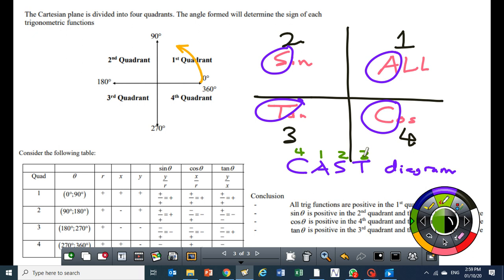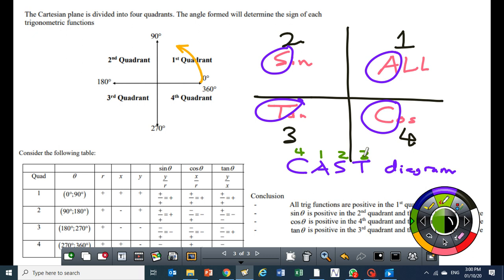Everybody pay attention. What's in this table here is based on what I just told you in terms of the CAST diagram. First quadrant, all three trig ratios are positive. Second quadrant, sine only is positive. Third quadrant, tan only is positive.